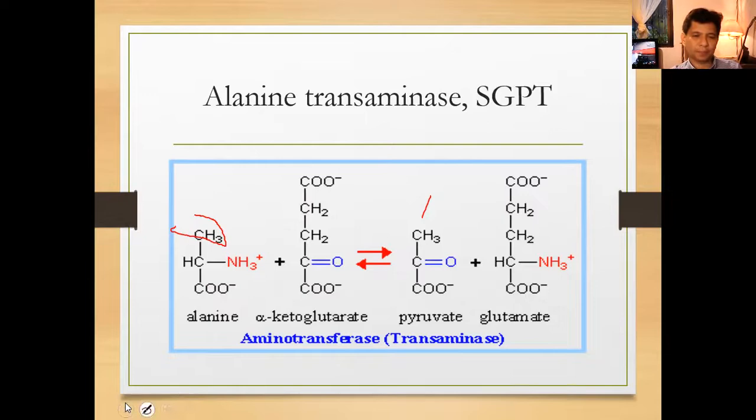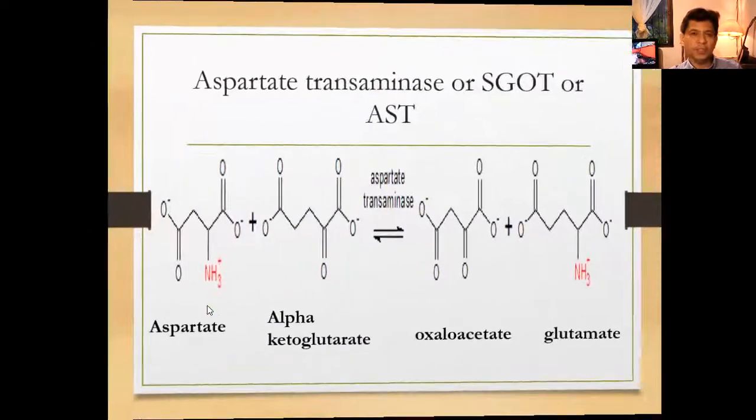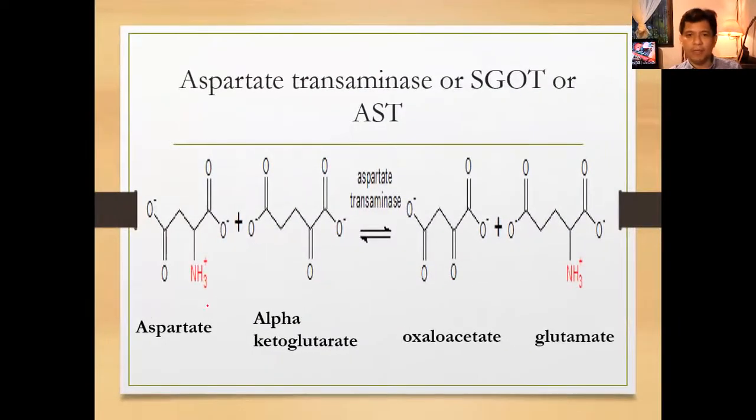Okay, isa pa. Yung isa pang liver enzyme na mini-measure sa blood is the SGOT or the AST. This is also known as the aspartate transaminase. Yung SGOT, this is serum glutamate oxaloacetate transaminase. So ganun din yan. I-transfer the ammonia group from aspartate to alpha ketoglutarate. Nakita niyo na tong alpha ketoglutarate nagiging glutamate siya.